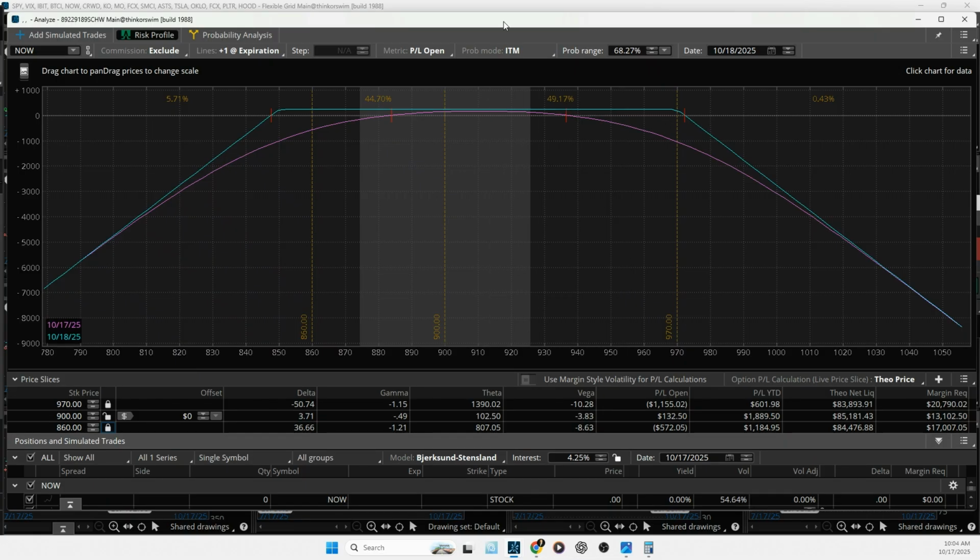And I didn't really plan on rolling it this week. I opened up a lot of long-term positions the week before, so I want to see where my buying power is going to play out over the next week.